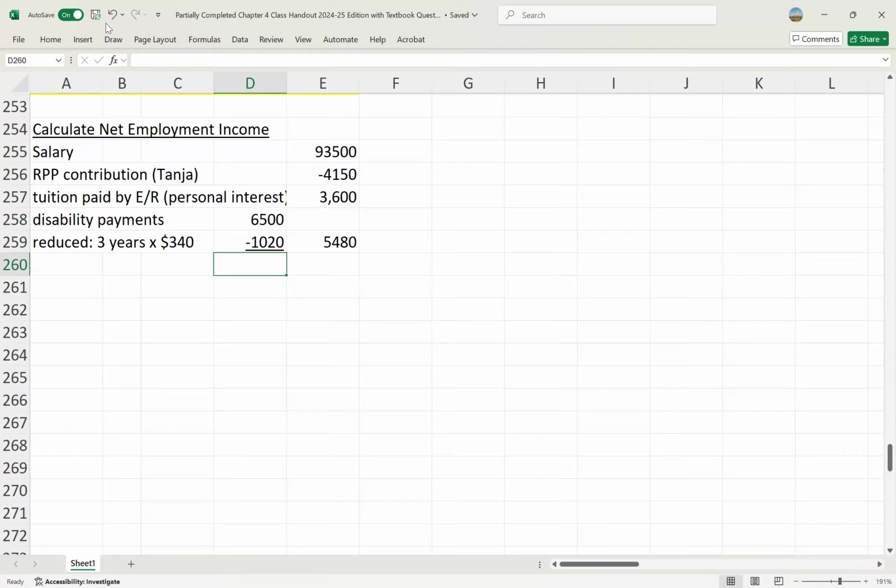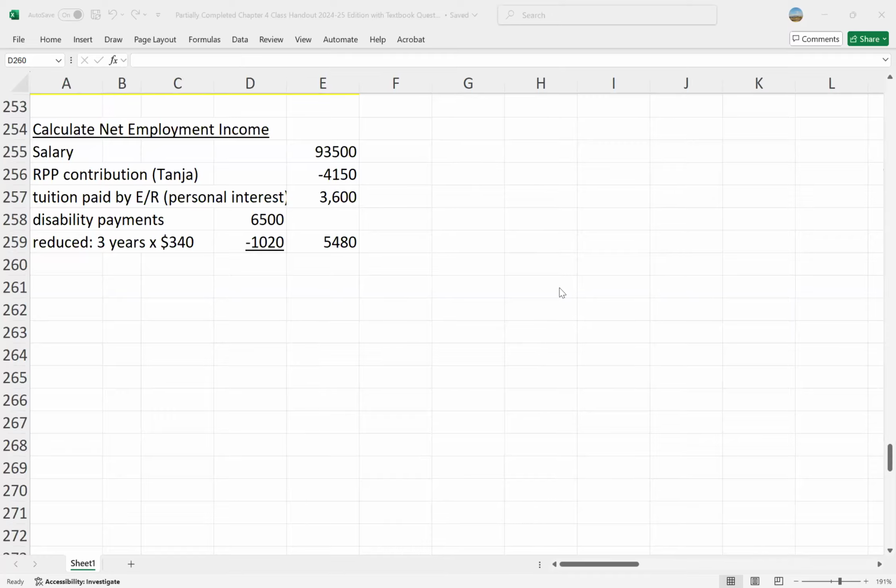Hey, Ronald, in this type of situation, would you ever have to deduct a month of their regular income salary off of it? Or do you just assume that their salary remains constant and then you just use the disability? So we're assuming that in the period that they're getting disability, they're not getting paid. Okay, so then would we have to reduce the 93,500, just divide it by 12 and take a month off?